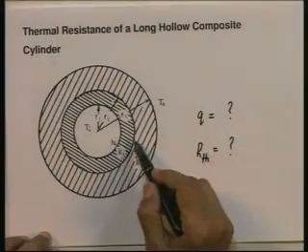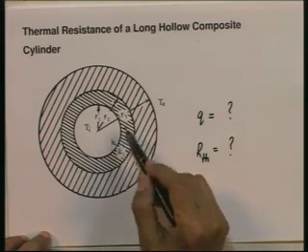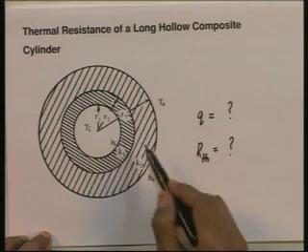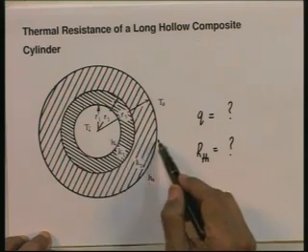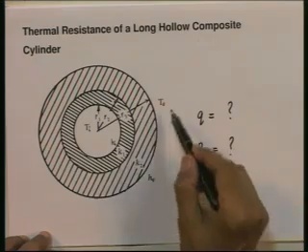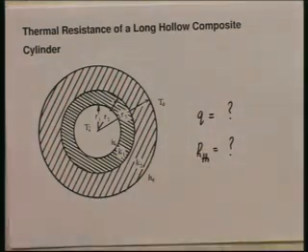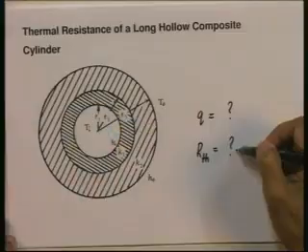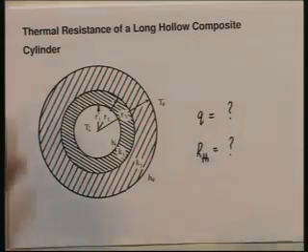That means, I will take each one of them one by one and say, let the intermediate temperatures be T W 1, T W 2, then I will say T I minus T W 1 is equal to something, T W 1 minus T W 2 is something, T W 2 minus T W 3 is equal to something, and then finally, T W 3 minus T O is equal to something. Add them all up, get rid of the intermediate temperatures, and I will get an expression for Q and for R T H. All right. If we do that, which I want you to do on your own, because it is exactly a repetition of what we did for the infinite slab, you will get the following results.